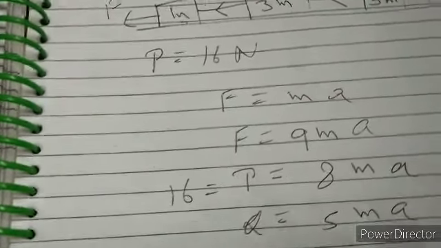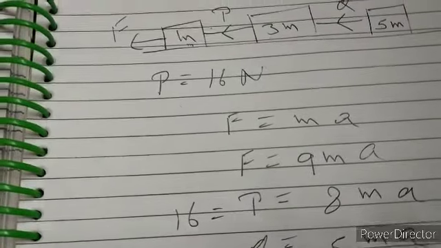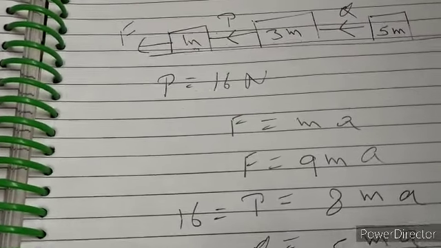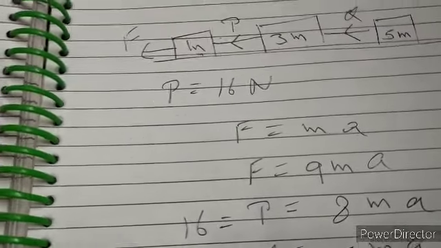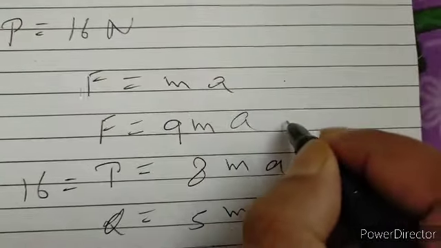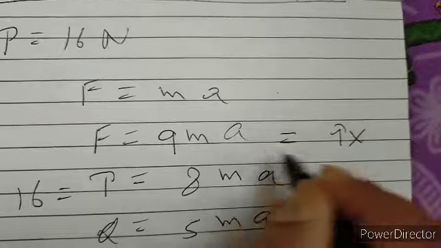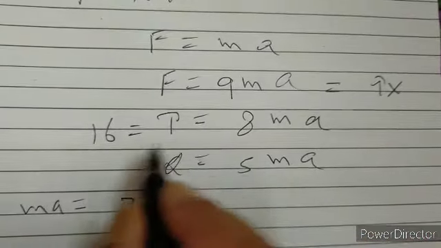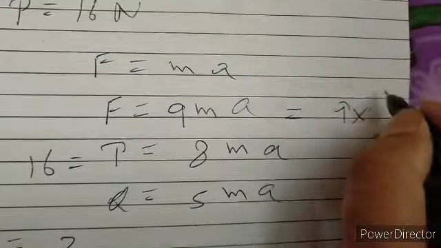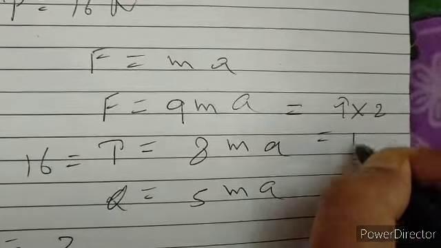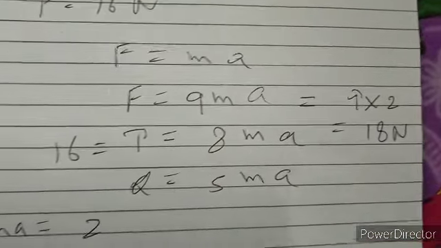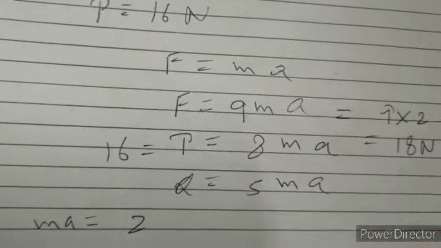Then what is F? F is equal to 9 Ma. 9 into Ma, the value of Ma is 2. 9 into 2, 18 Newton. Clear? So this is 18 Newton.